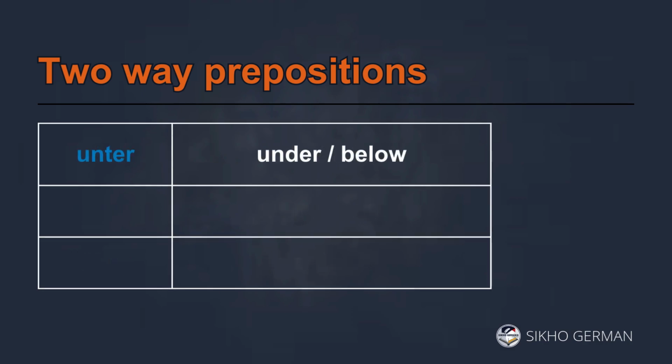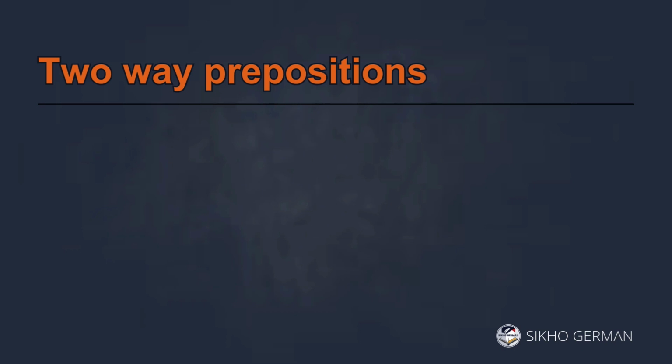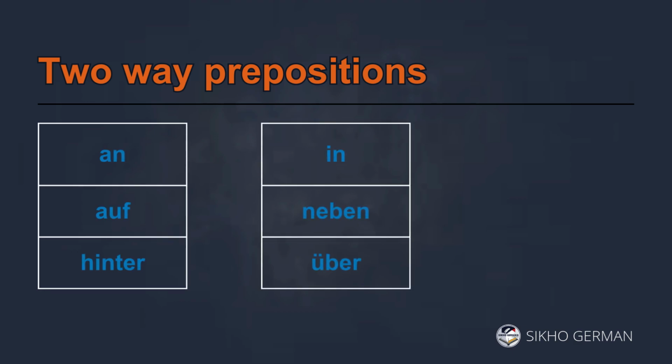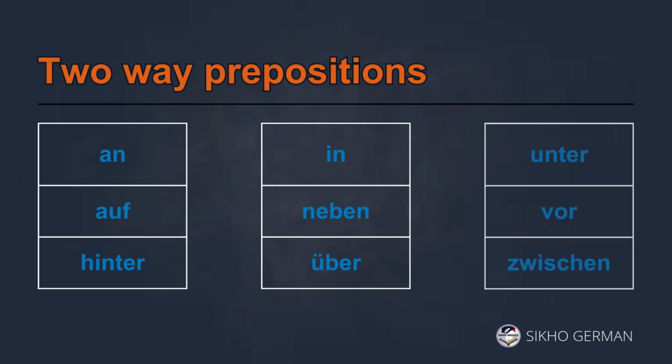Unter, under or below. Vor, in front of. And zwischen, between. That's 9 two-way prepositions total. Remember, an, auf, hinter, in, neben, über, unter, vor, zwischen. These are the ones that can take the accusative or the dative.